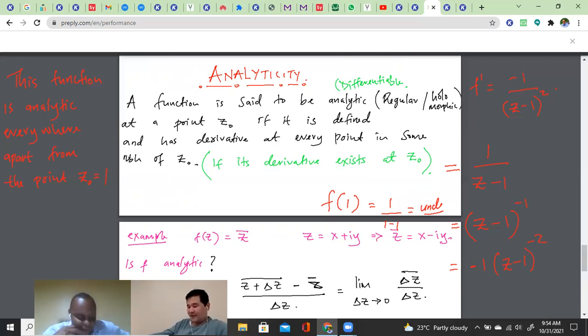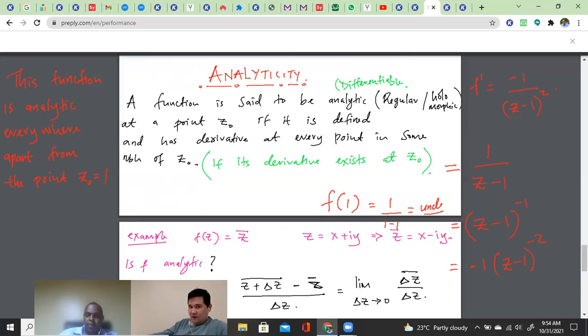But we're using two cases. We find the limit along one axis, for example the x-axis, and second, we find the limit along the other axis, right? We are trying to find the derivative.